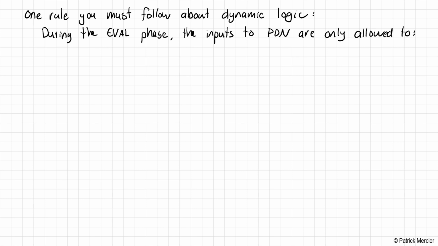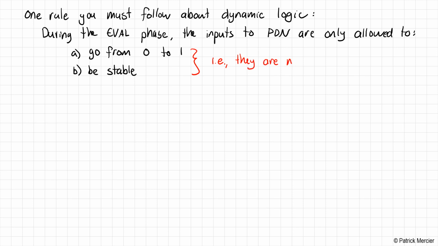They can either, A, go from 0 to 1. That's rather straightforward. Or option B is be stable. Okay, so in other words, i.e., there's one missing condition here, they are not permitted to go from 1 to 0.